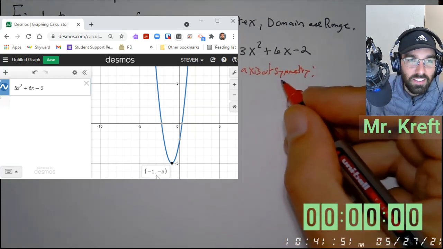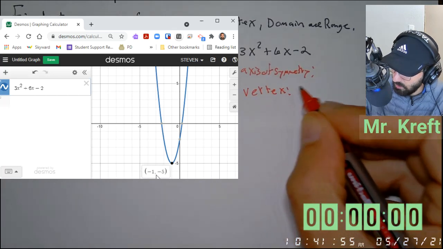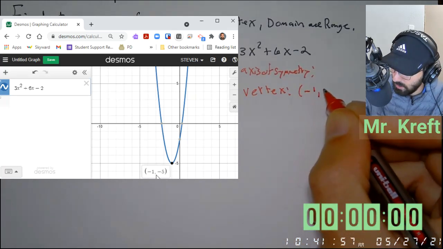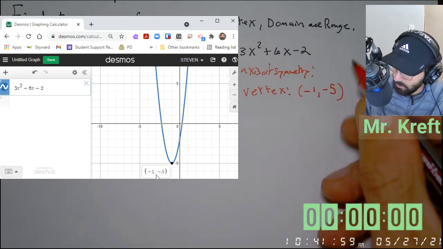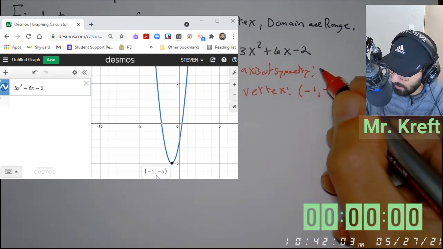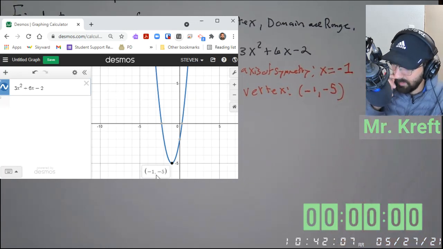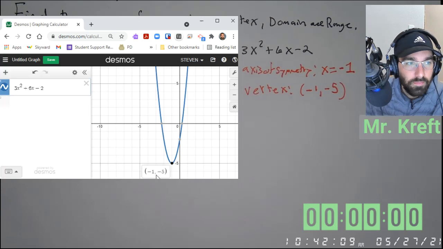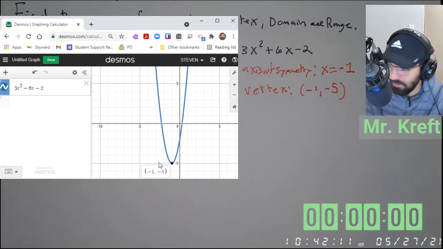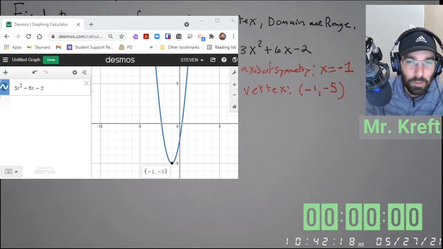So the vertex is -1, -5, so the axis of symmetry is going to be x equals -1. I didn't intend for them to be the same, but there we are. Guess my brain just automatically did that.